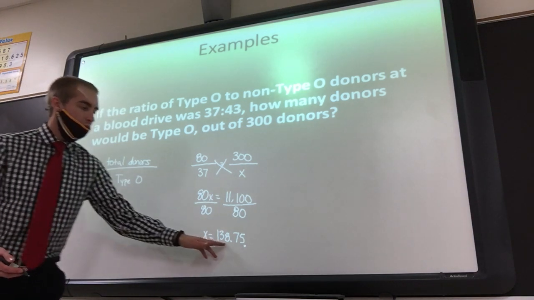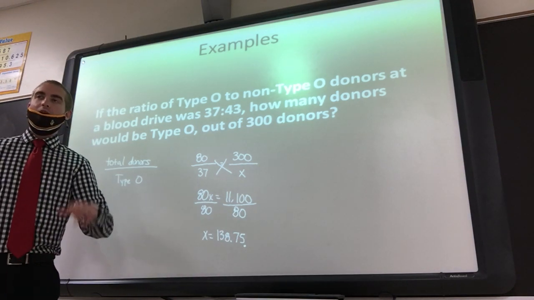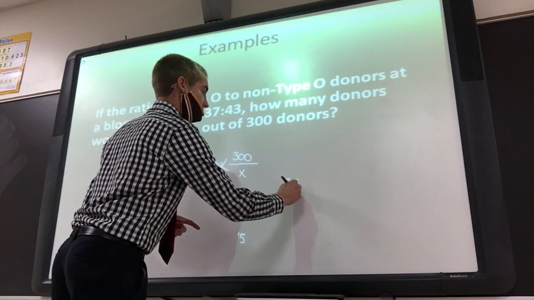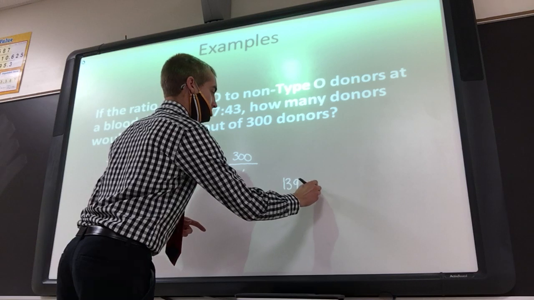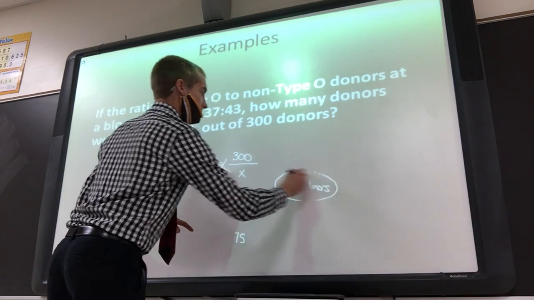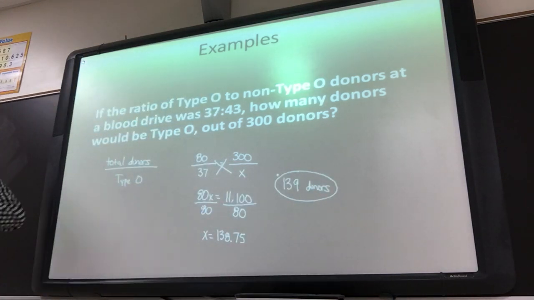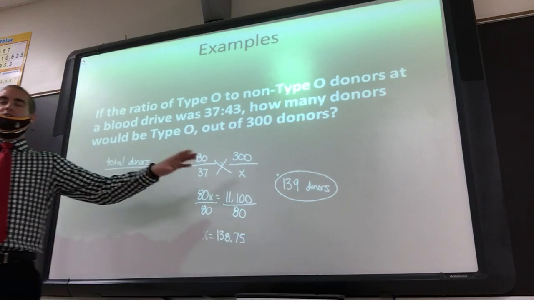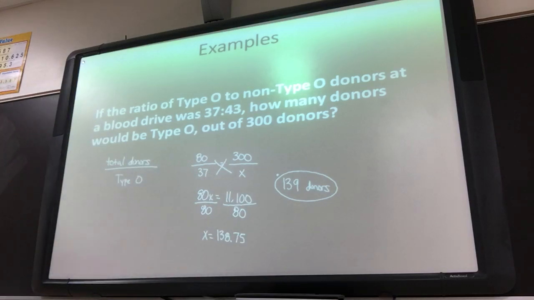So x equals 138.75, but our answer should be 139 donors. So don't say that x is 139, because x is not 139. X is still 138.75. But you do need to make your final answer 139.